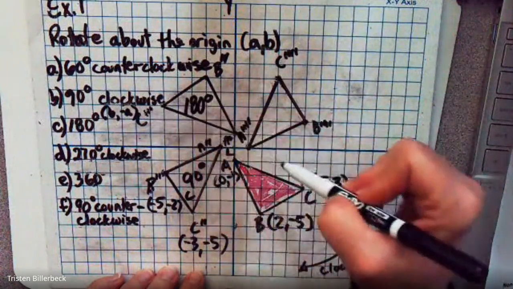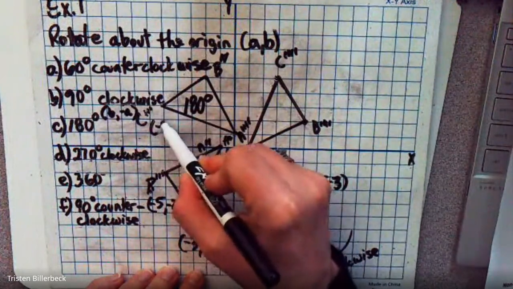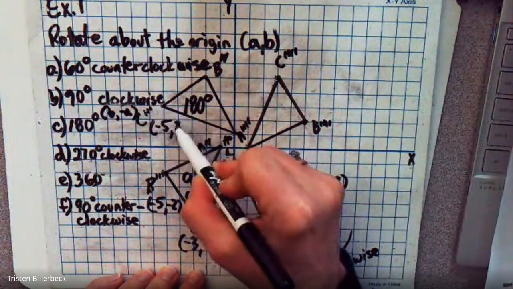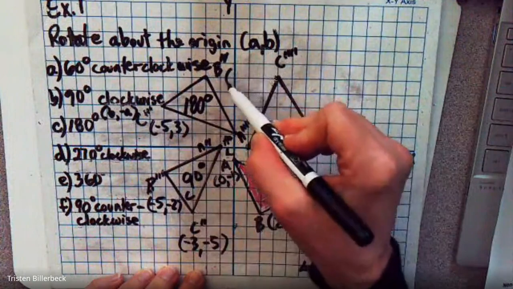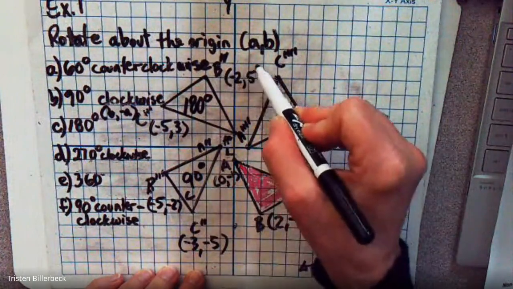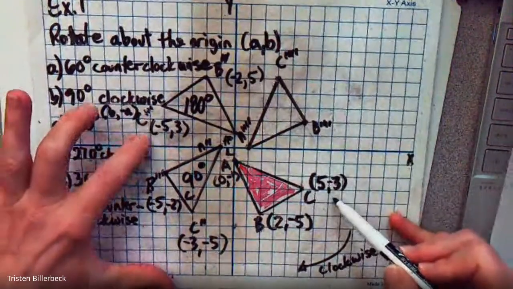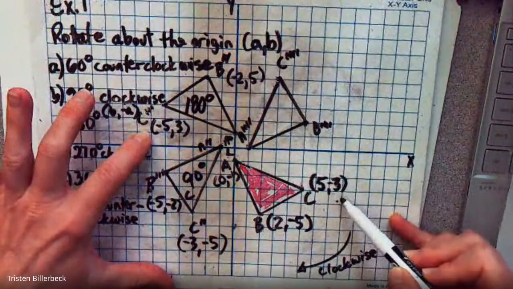When we look at C, C becomes -5, +3, and B is -2, +5. So let's look at these two coordinates. So we have -5, 3.